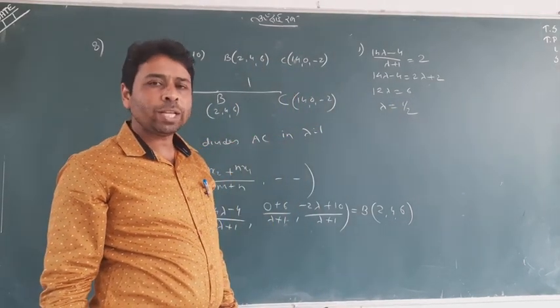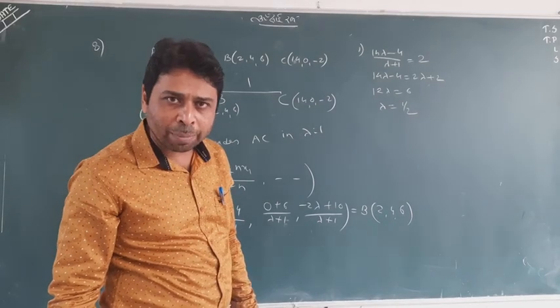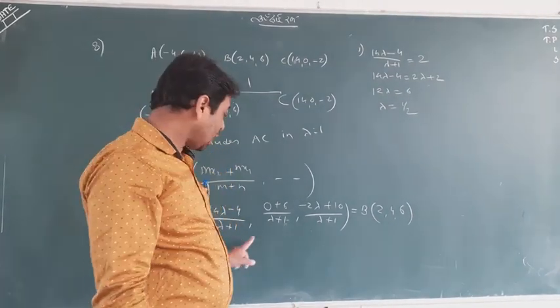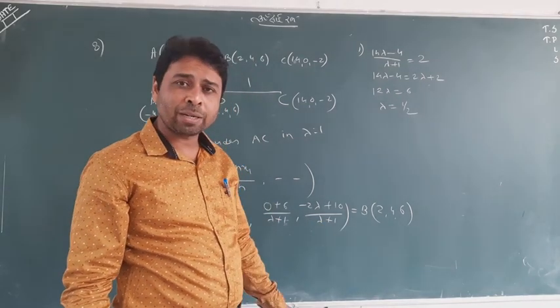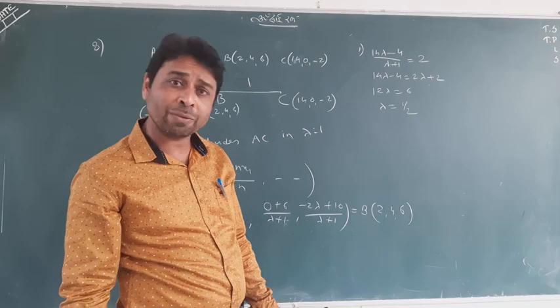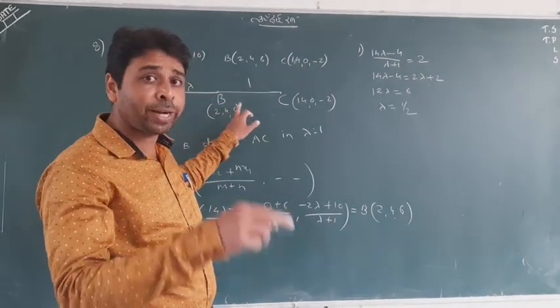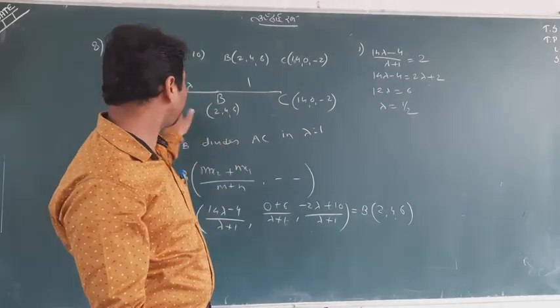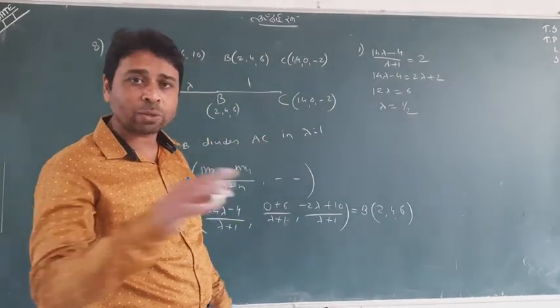But this is only one value of lambda; you have to check that in all the cases lambda is the same. If in all cases lambda is the same, then we will be assured that B is the point which is dividing AC in ratio 1:2. And when B divides AC in 1:2, it means A, B, C are collinear.